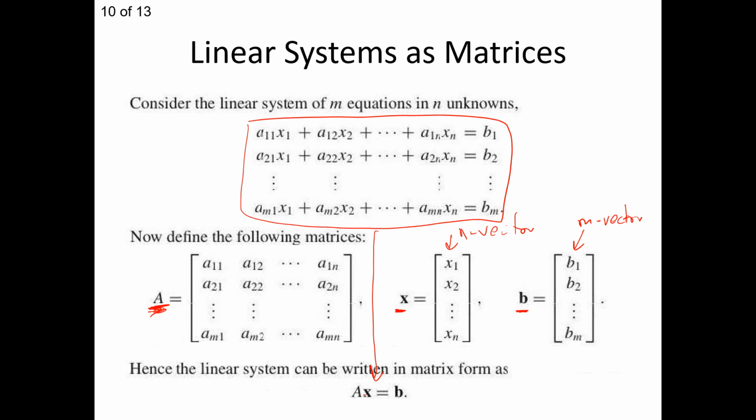Notice those are bolded, which means we refer to those as vectors. So we have an n vector and an m vector being produced from the product of our matrix and n vector. It's quite interesting how we can take this entire linear system and redefine it in terms of matrices as something just as simple as that. That's a linear system in a very simple form of expressing it.